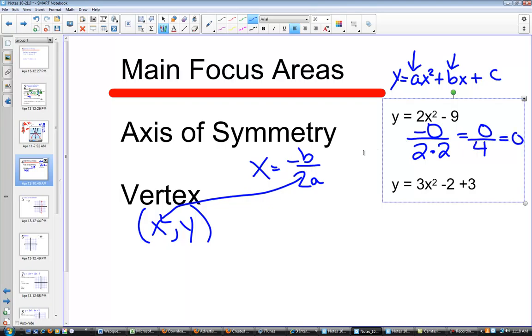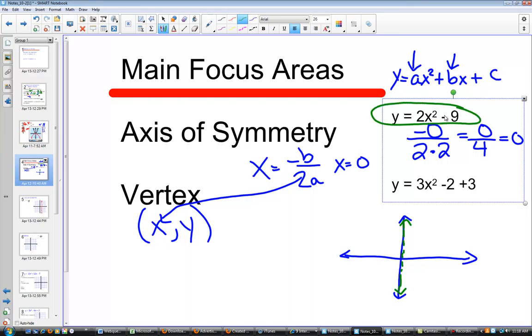This will get us x equals 0, which a lot of them are going to be. The axis of symmetry will be right on x equals 0. When x equals 0, that is this line. So that's the axis of symmetry for this equation.